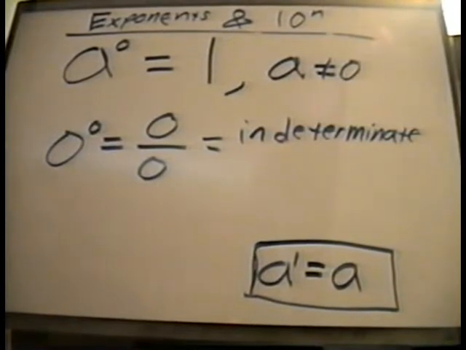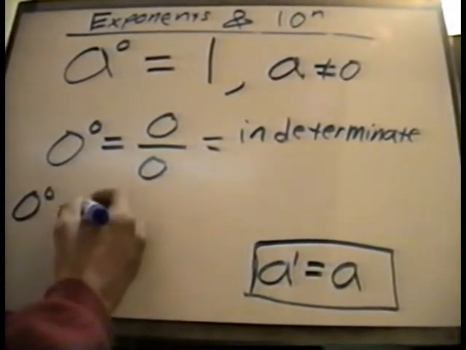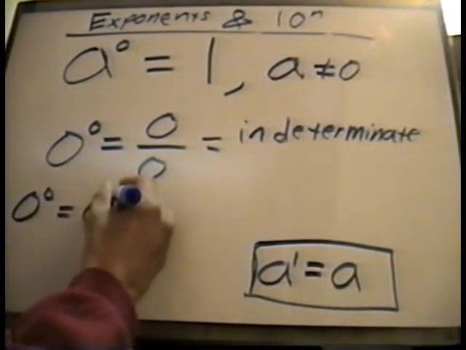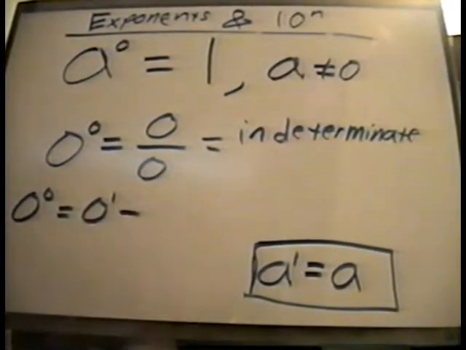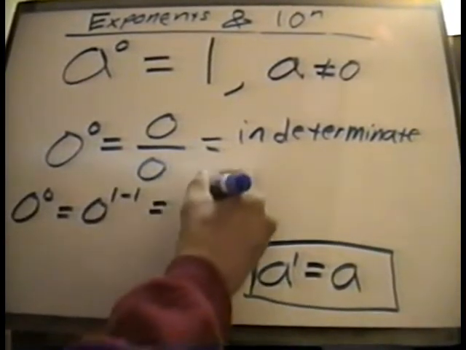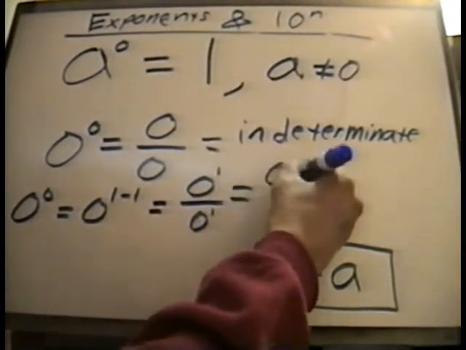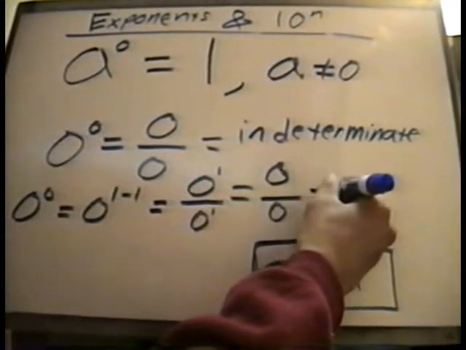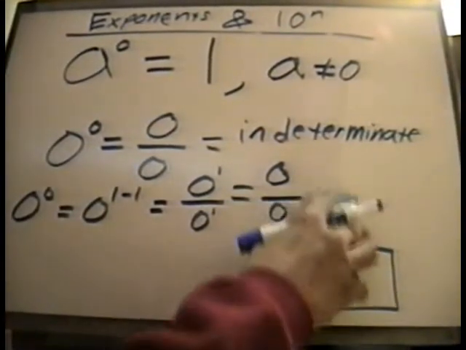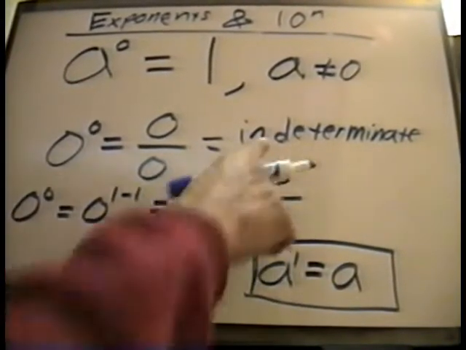Yes. 0 to the power of 0 equals 0 to the power of 1 minus 1, which equals 0 to the power of 1 over 0 to the power of 1, which gives us 0 over 0, which is indeterminate. So therefore, we do not determine it. That means 0 to the power of 0 is undefined.